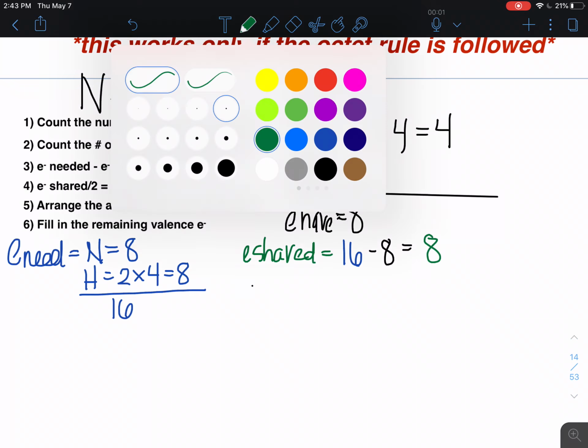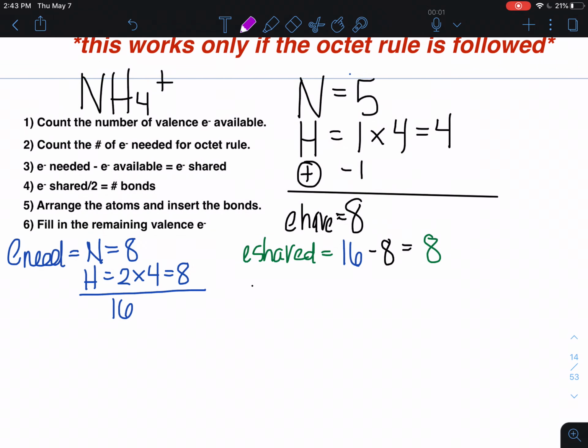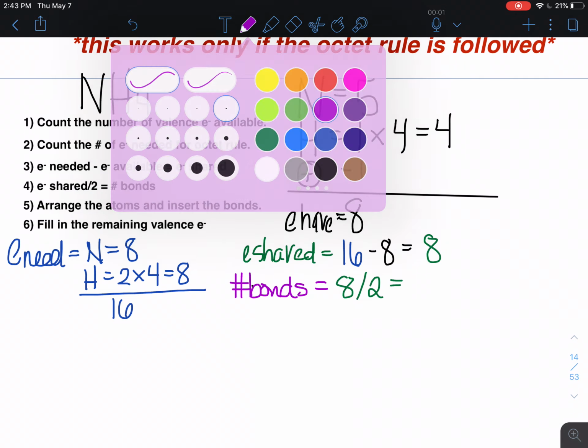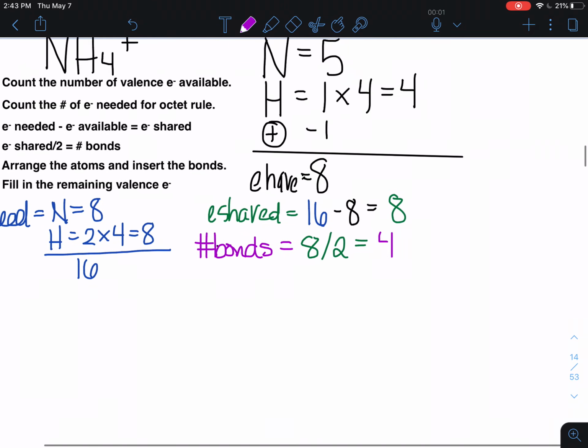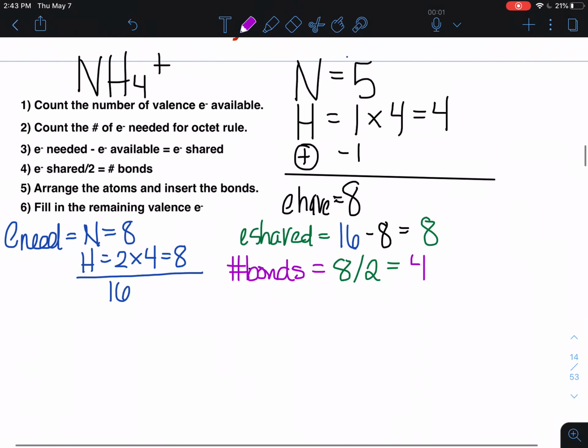And then finally, the number of bonds is equal to E shared divided by 2, which is 4.